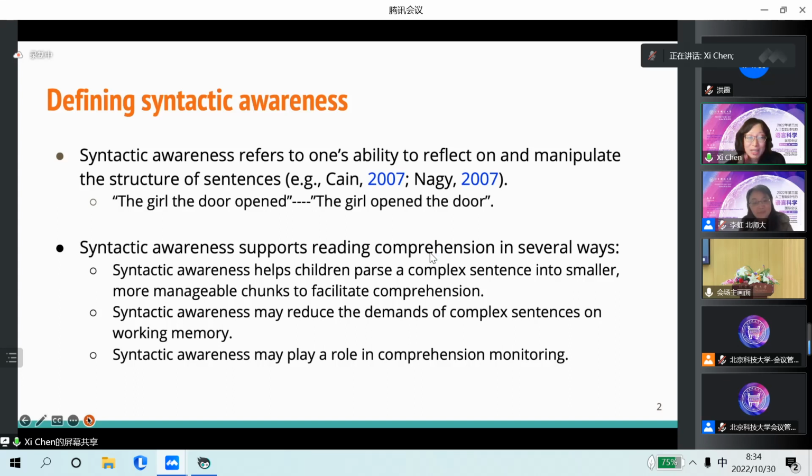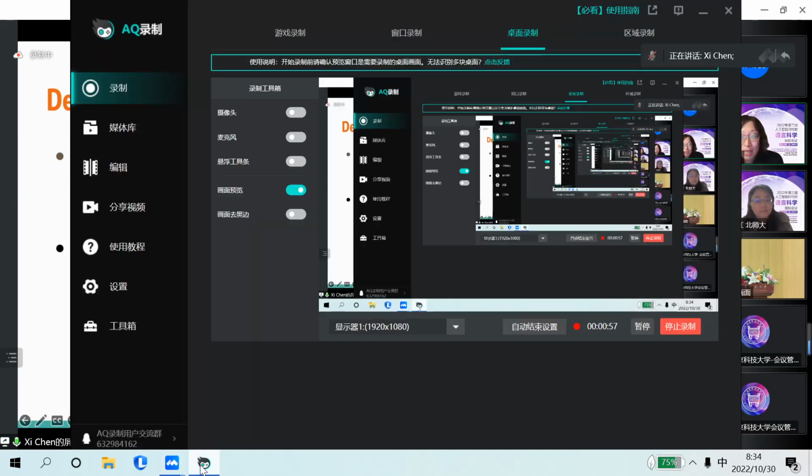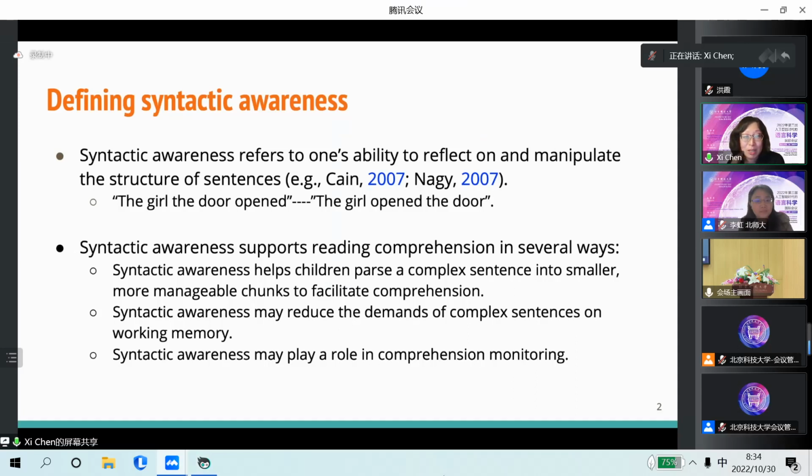In comparison, syntactic awareness is less studied. So syntactic awareness refers to one's ability to reflect on and manipulate the structure of sentences. Both syntax and morphology are part of grammar.